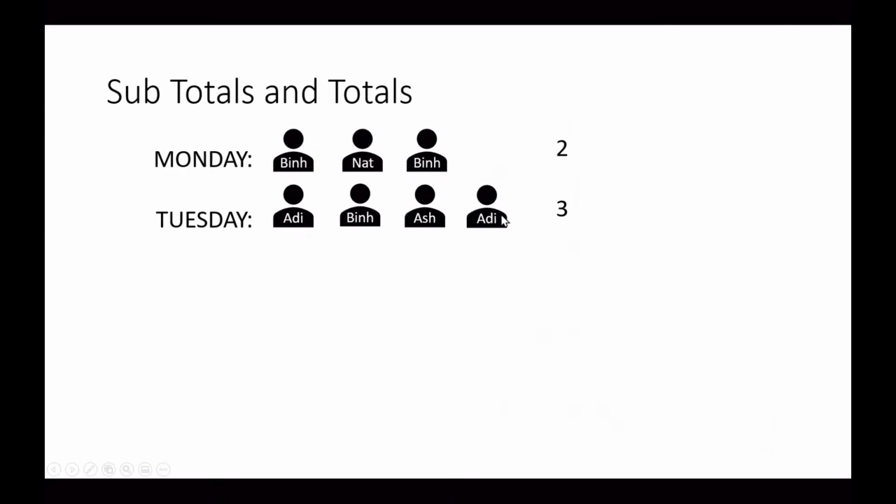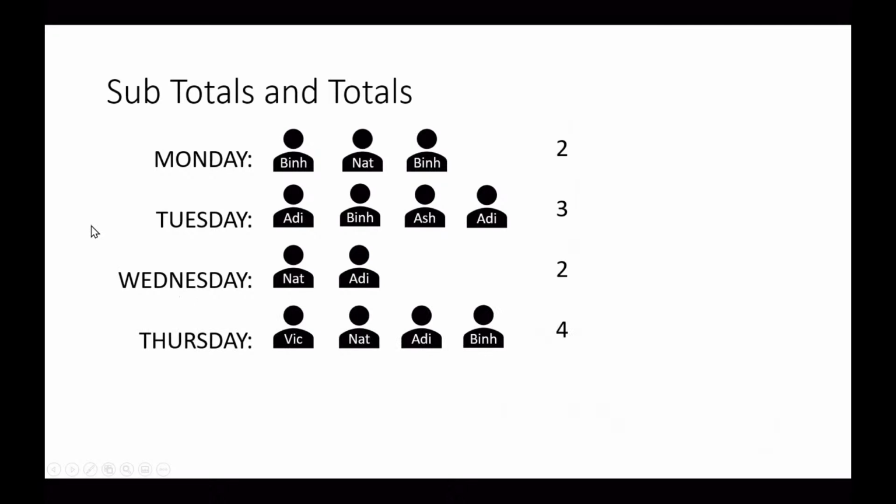So we have 3 distinct customers visit the store on Tuesday. On Wednesday, there were just 2. Thursday, we had Vic, Nat, Adi, and Bin, so we had 4 distinct customers. And lastly, for the last day of the week before the weekend, hooray, we had 2 distinct customers, Ash, Vic, and Vic.